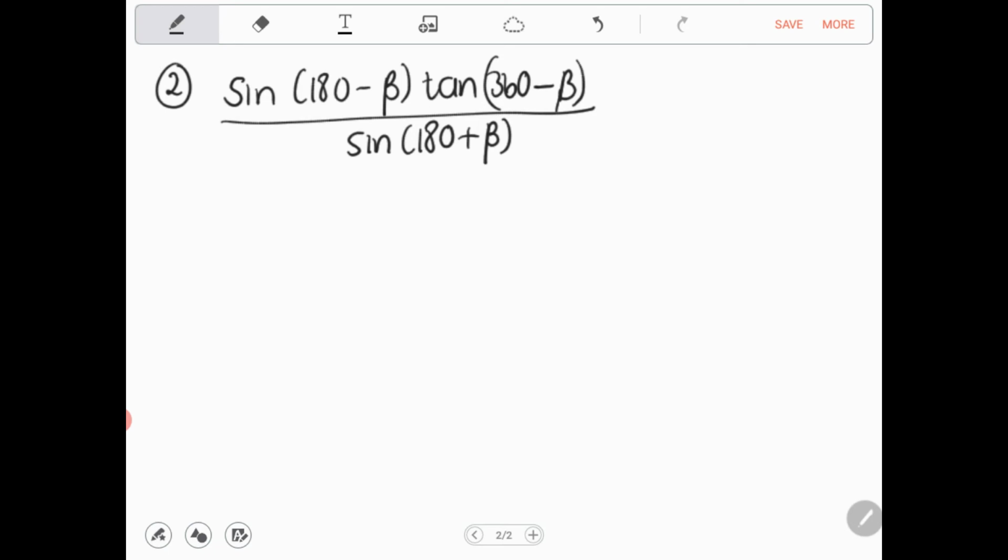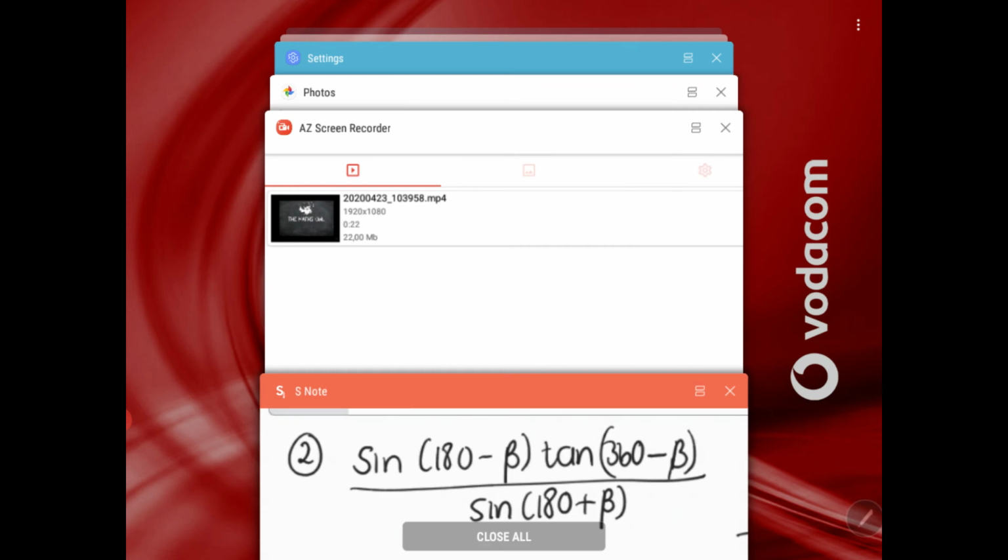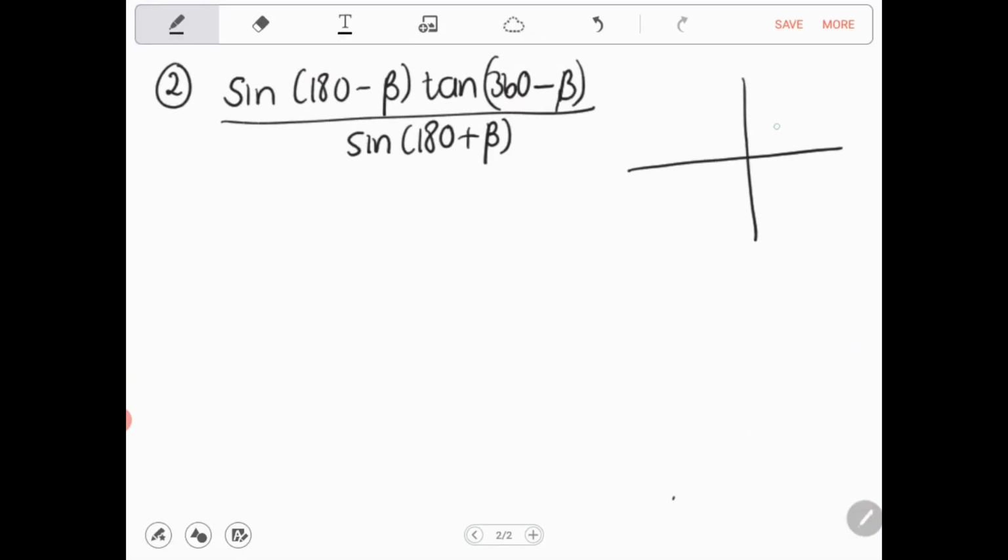Okay, now whether they're alphas, betas, x's, they still are going to be exactly the same, which quadrant they're going to be in. So we normally use theta in the first quadrant, and we've got to remember to write this CAST diagram for ourselves so we can see and identify the quadrants.